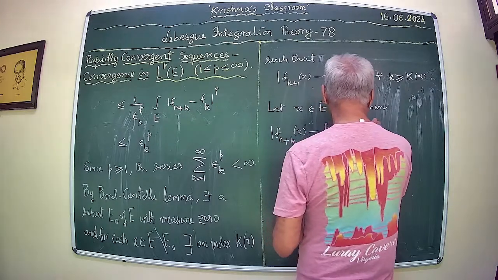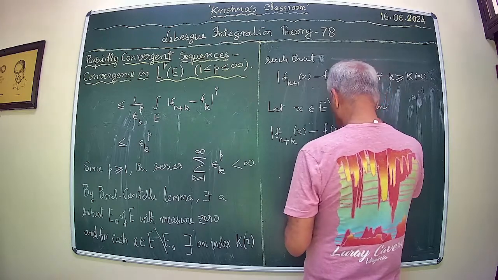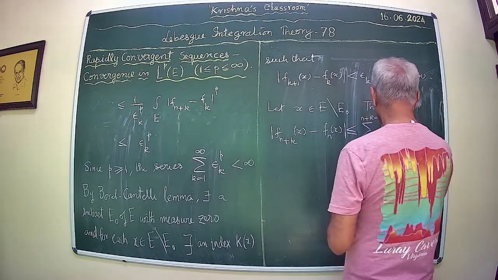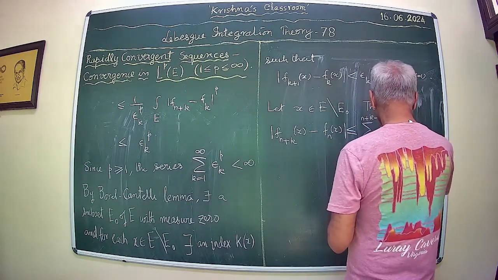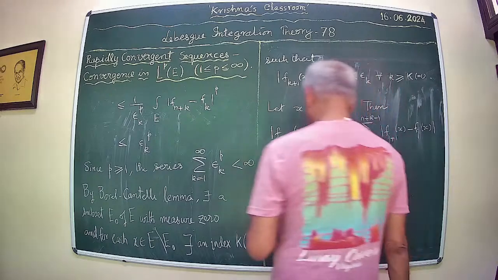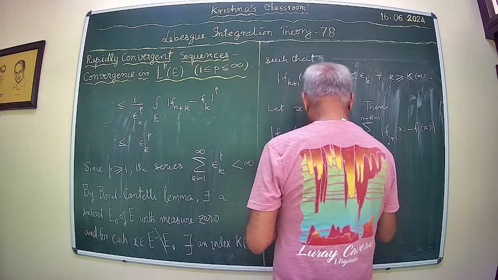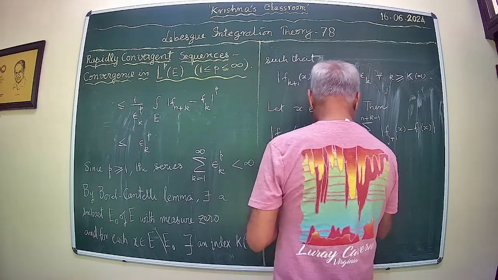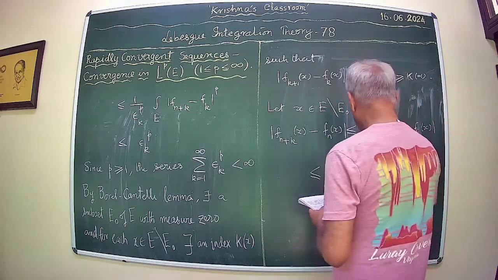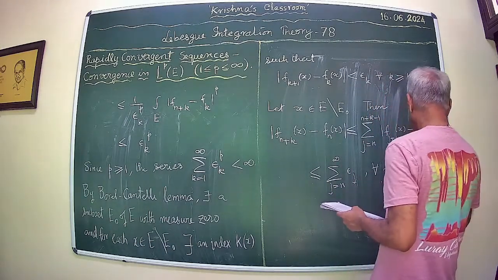It is less than or equal to sigma j equal to n to n plus k minus 1 of epsilon j, which is less than or equal to sigma j equal to n to infinity epsilon j, and this is the tail of a convergent series, for every n greater than or equal to kx, and for all k.